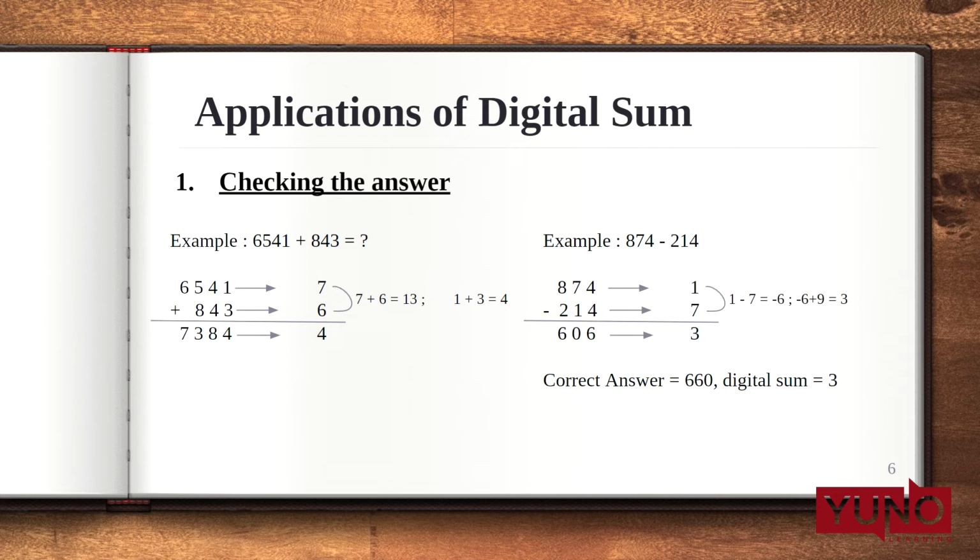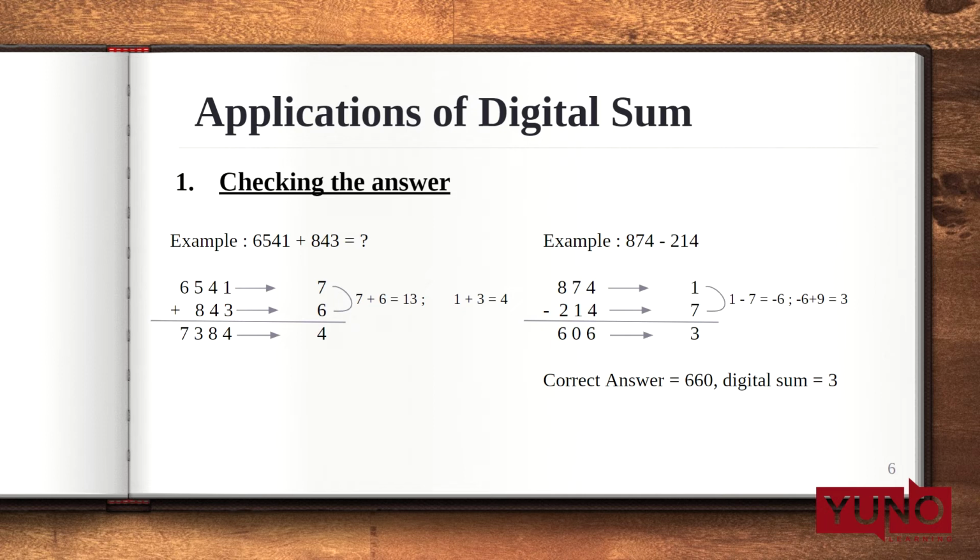But if the digital sum is not matching, then we can definitely say that our answer is 100% wrong. But if the digital sum matches, then we can say it can be right or it can be correct.